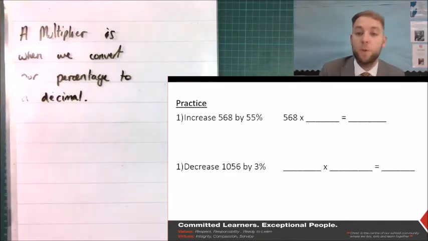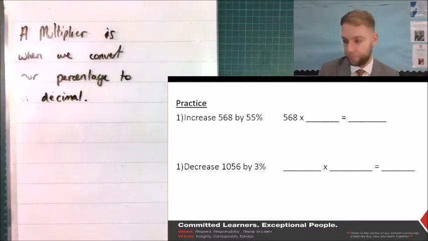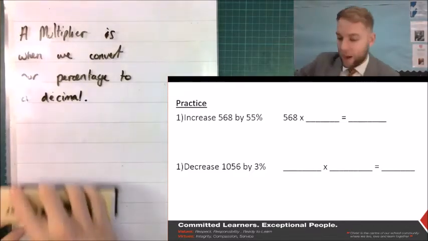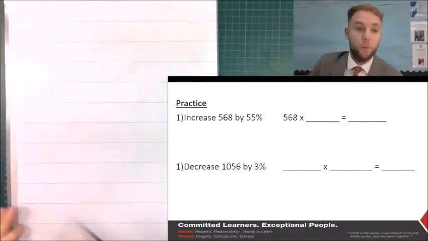A multiplier is when we convert our percentage to a decimal. Okay, so let's have a go at this first question here using the multiplier method.